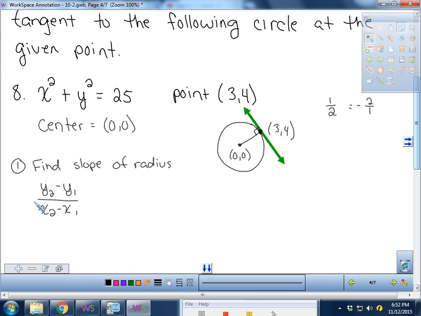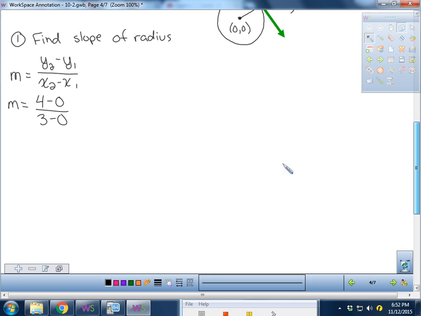And that's represented by the letter m. I would rather do 4 minus 0 than 0 minus 4. So we will do 4 minus 0, and then you also have to do 3 minus 0 on bottom. That gives you a slope of 4/3.